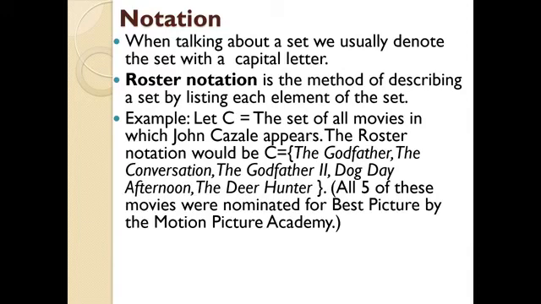The roster notation would be: set C contains The Godfather, The Conversation, The Godfather 2, Dog Day Afternoon, The Deer Hunter. All 5 of these movies were nominated for Best Picture by the Motion Picture Academy.